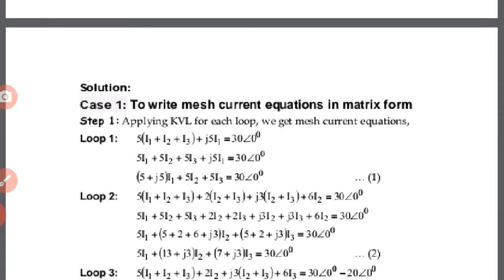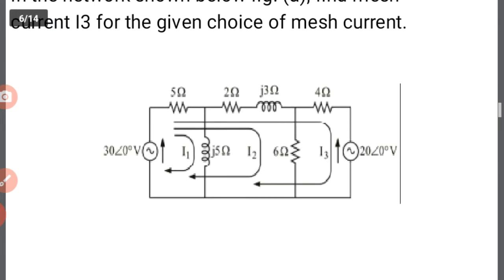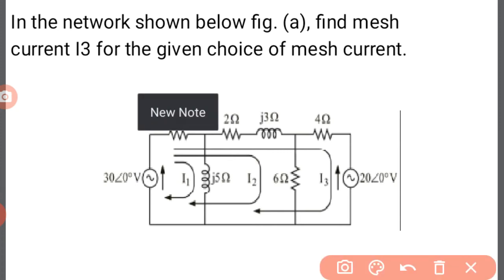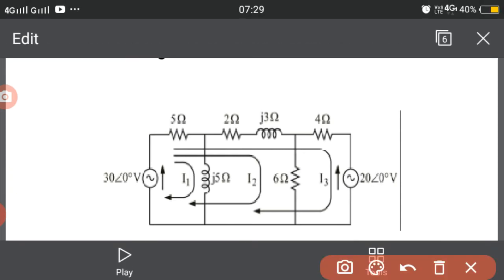In the same way, the second loop equation. For the second loop equation, the I2 current is flowing through the circuit. Again from this 5 ohm resistor, the I1, I2 and I3 currents are flowing. Next, from this 2 plus J3 ohm impedance, the I2 and I3 currents are flowing, so 2 plus J3 into (I2 plus I3).